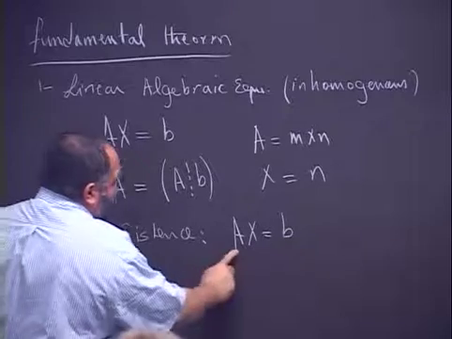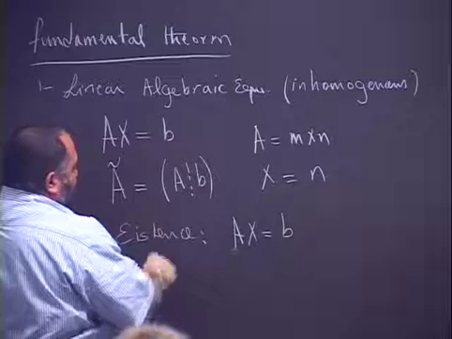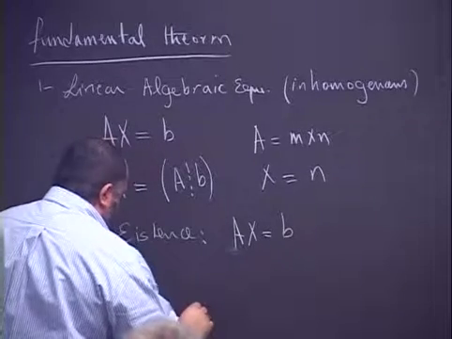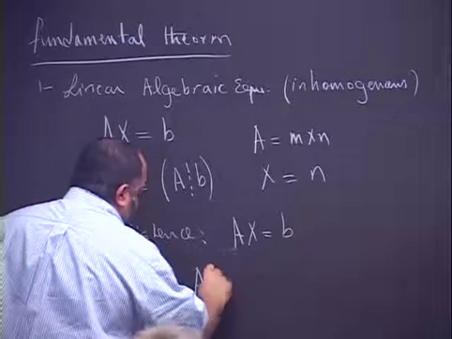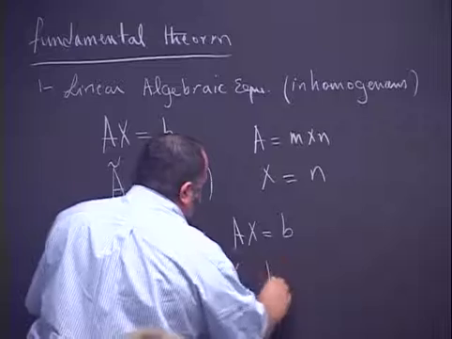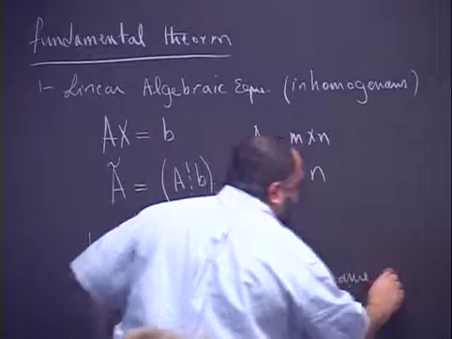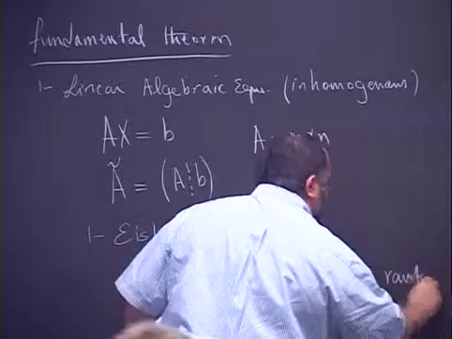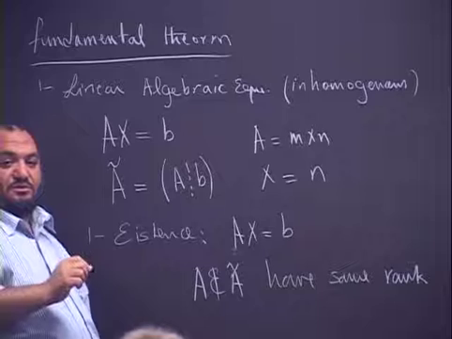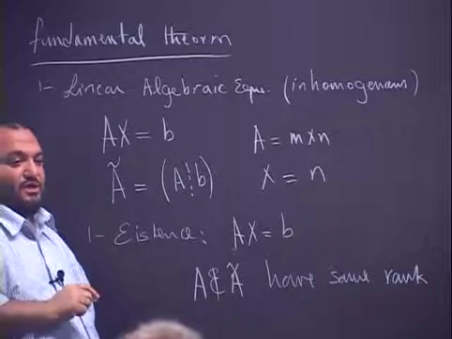The system of equations AX equal B will have a solution if and only if both A and A augmented have the same rank. And we defined rank last time as the number of linearly independent vectors, columns or rows, in the matrix itself.